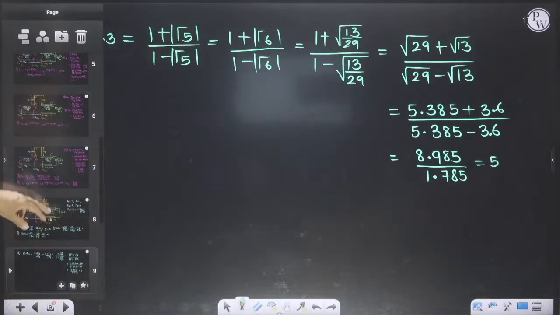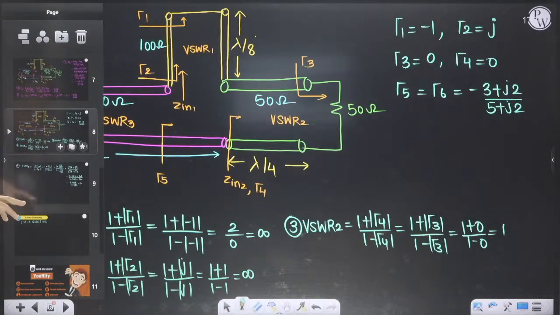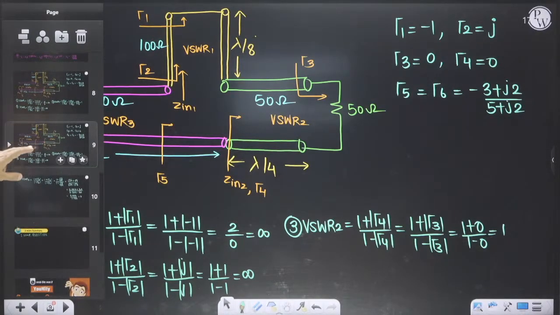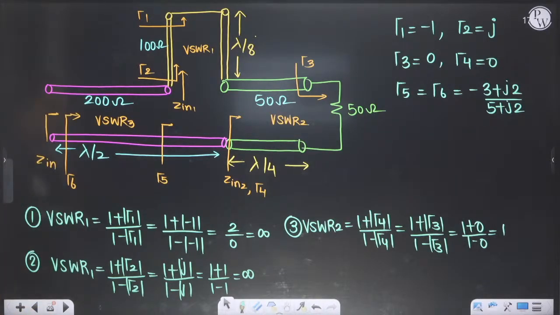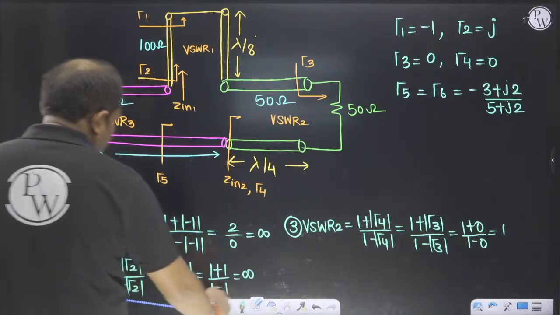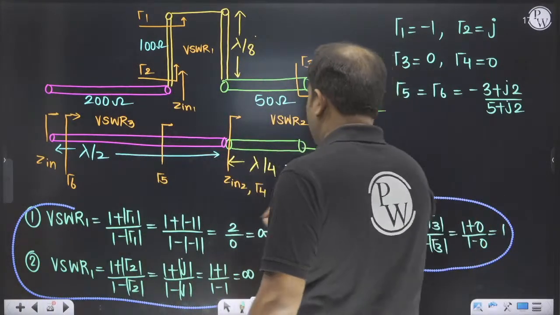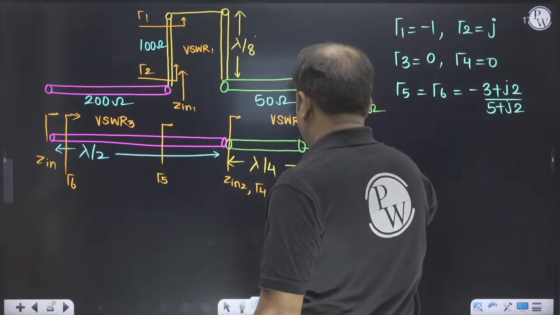So we have calculated everything about this question. We have calculated the reflection coefficient, the input impedance, everything. So this is the answer for everything. First one is the reflection coefficient.